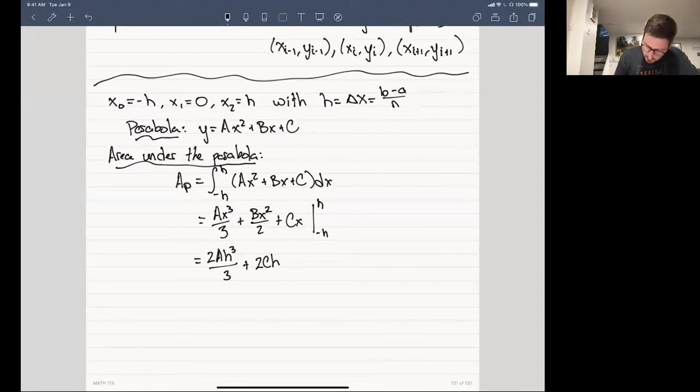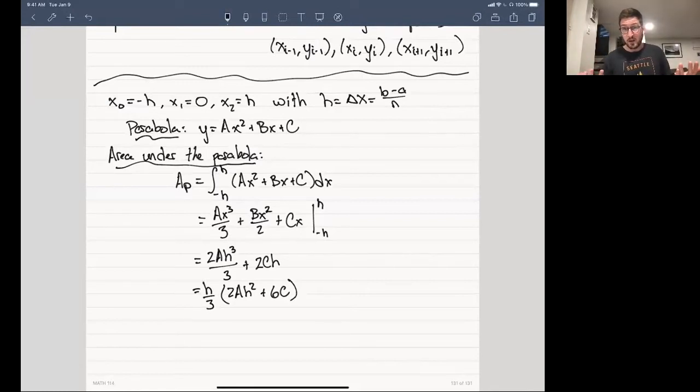And sometimes what we'll do here is we'll take h over 3 out front, and we will go 2ah squared plus 6c. The h over 3 is just a custom that people use when they do Simpson's rule.